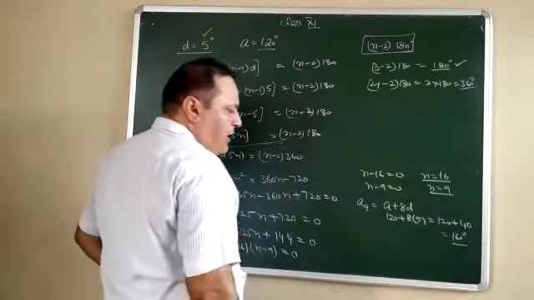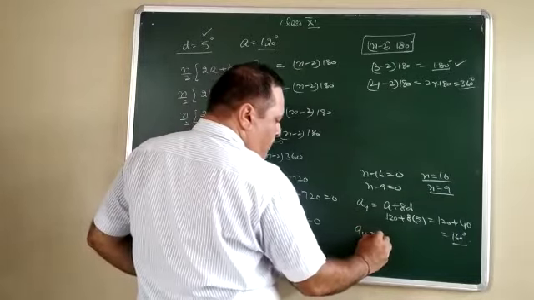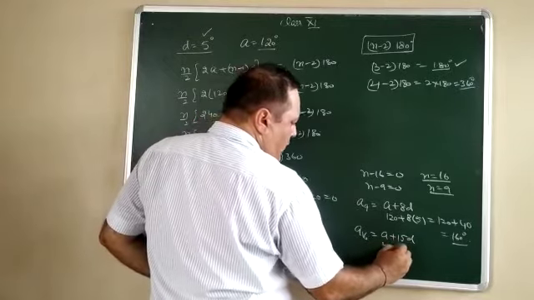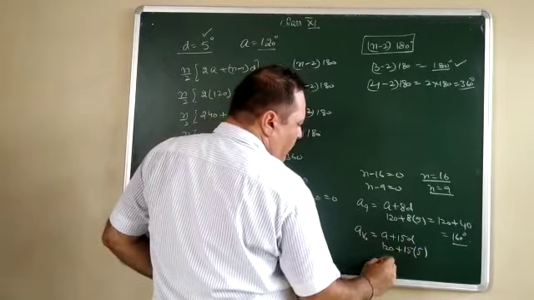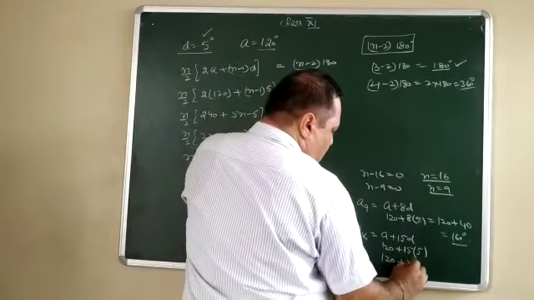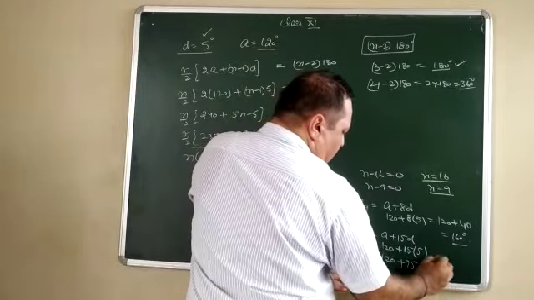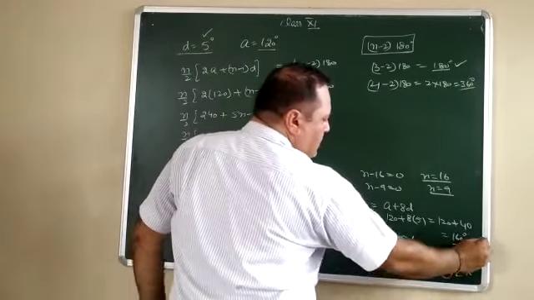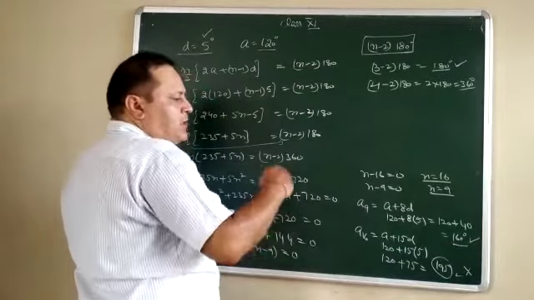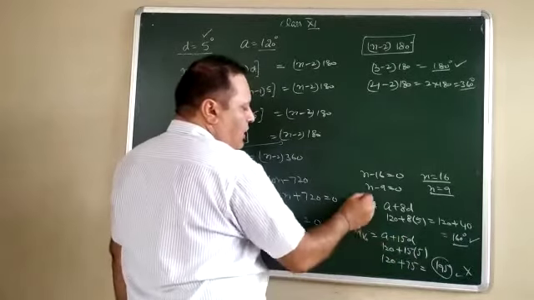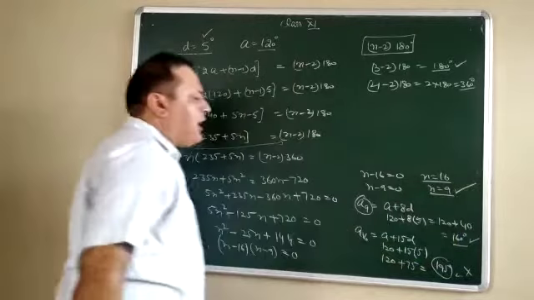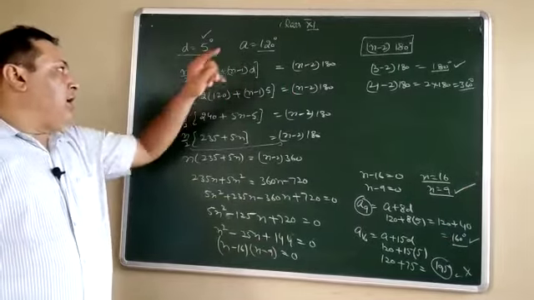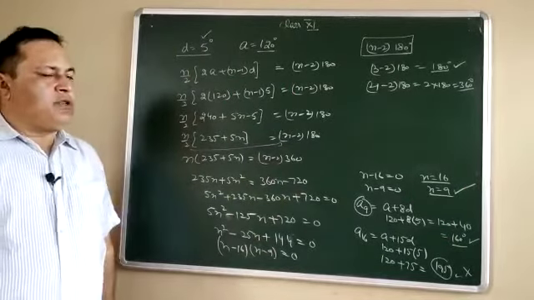Definitely it is less than 180. a16 is a plus 15d, which is 120 plus 15 into 5, 120 plus 75, that is 195. It is greater than 180, so this is not possible. The answer 160 is less than 180. The maximum angle is 160, and the angle is less than 180. So the answer is 9. Only 9 terms are there for this polygon, with a equal to 120, d equal to 5, and the total number of sides of the polygon is 9.